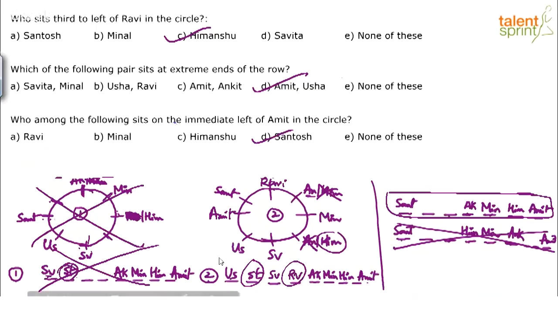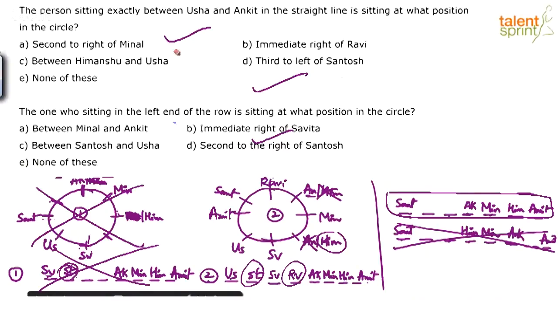Okay. Next one. The next question says, the person sitting exactly between Usha and Ankit in the straight line is sitting at what position in the circle? Now who is sitting exactly between Usha and Ankit in the straight line? See, Usha is here and Ankit is here.